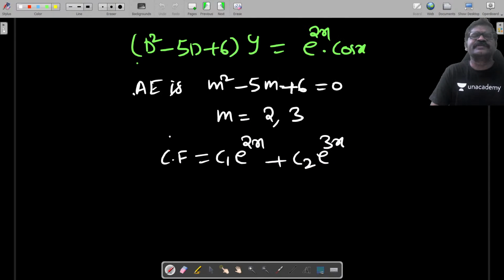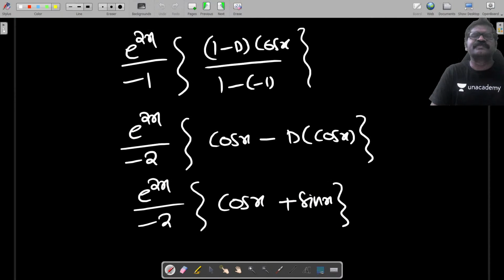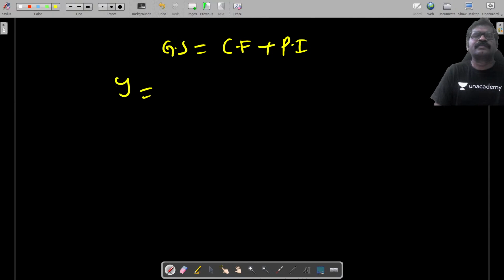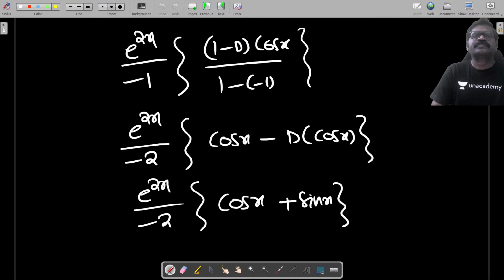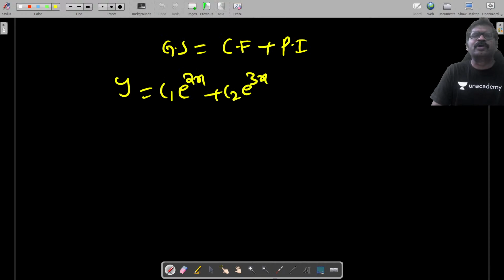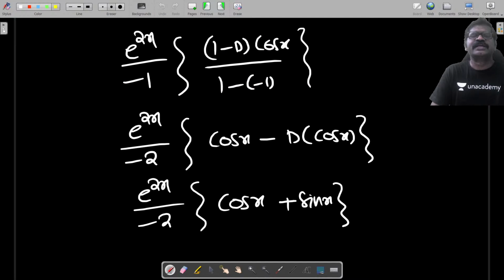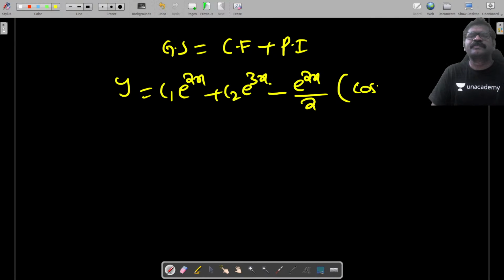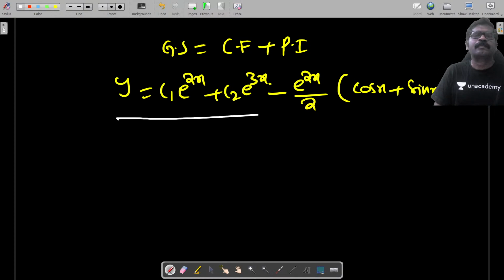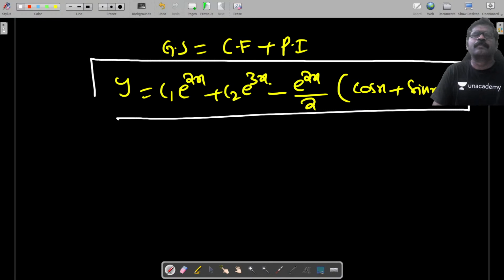Complementary function is c1 e power 2x plus c2 e power 3x minus e power 2x by 2 of cos x plus sin x.